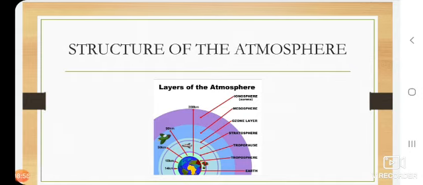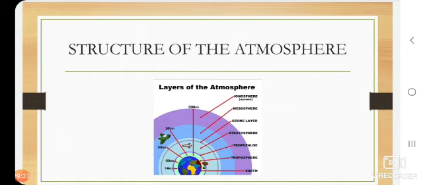And the last layer is the thermosphere, which is further divided into the ionosphere and exosphere. What is the ionosphere? This is the layer which is located above the mesosphere. It contains electrically charged particles called ions.